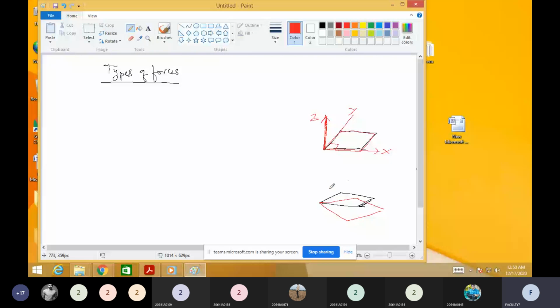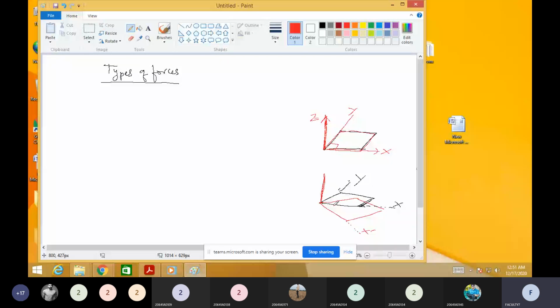I didn't move anything regarding the z-axis. Now here, let us make this a black dot. This is x, this is y. And where is x dash? If you go with this, this is x dash.